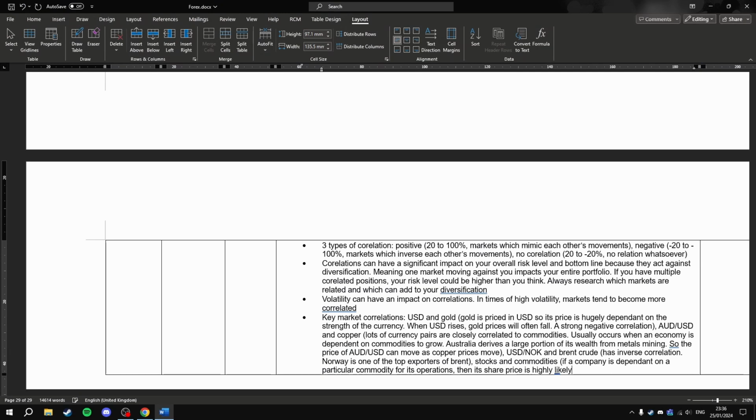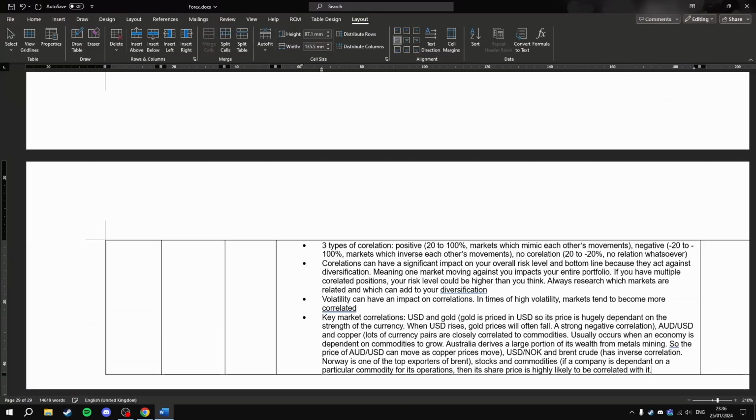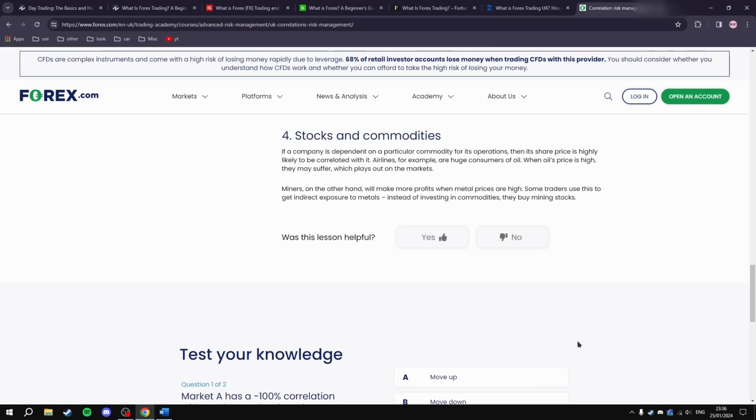Airlines, for example, are huge consumers of oil. When oil's price is high, they may suffer, which plays out on the markets.